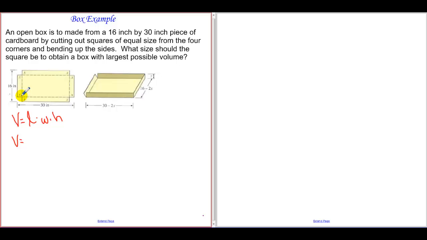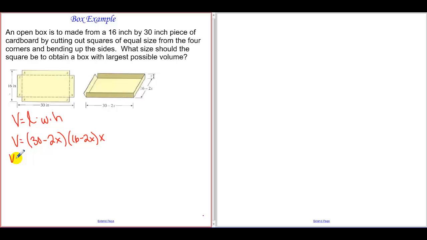The length, if you cut out x from both sides, is going to be 30 minus 2x. The width, since I have 16 inches but I'm cutting out x from both sides, is 16 minus 2x, and our height is equal to x.